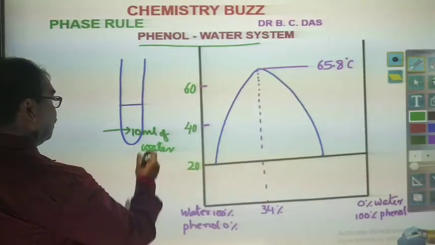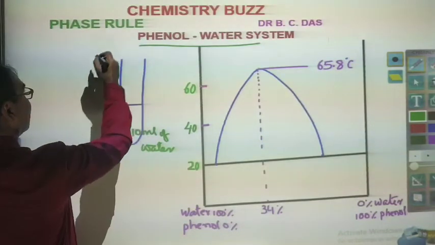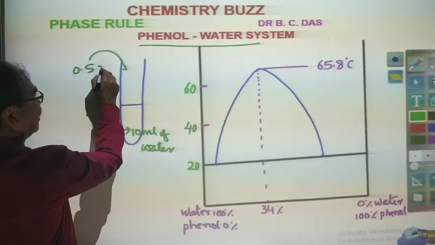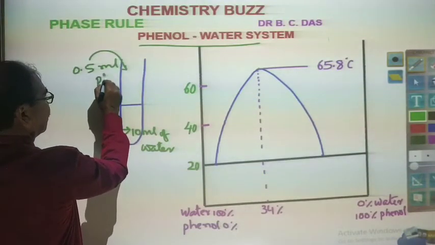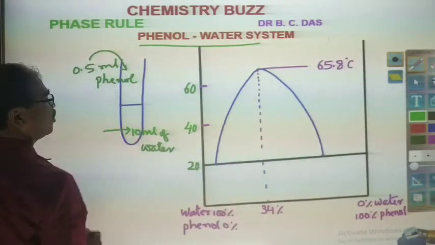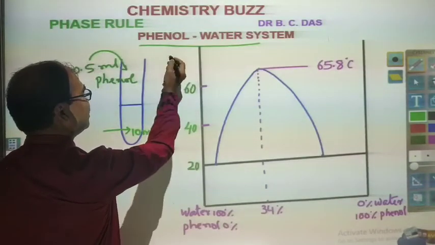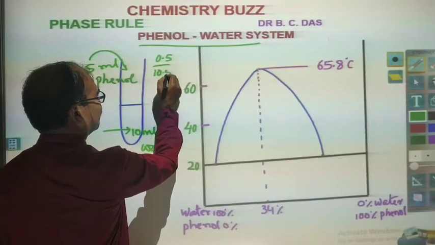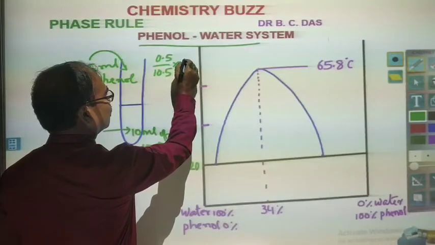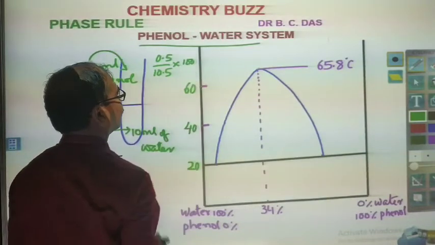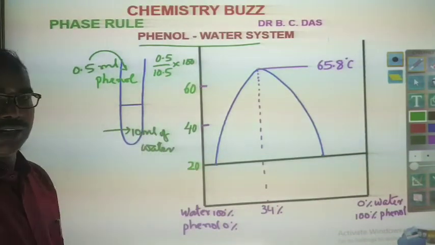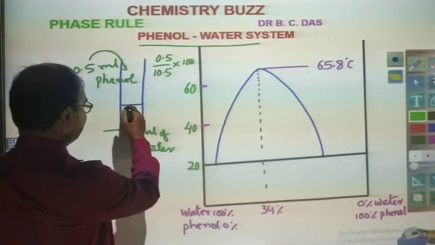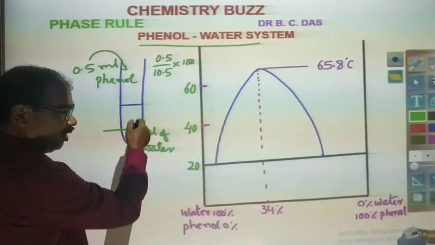Okay. So to it, let us add 0.5 ml of phenol. So the percentage of phenol is 0.5 by 10.5 into 100. Okay. So this is less than 5%. So it is completely soluble, completely miscible.